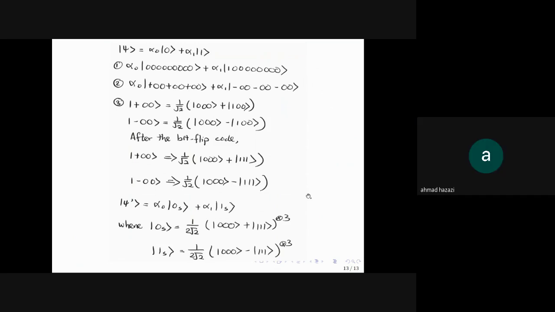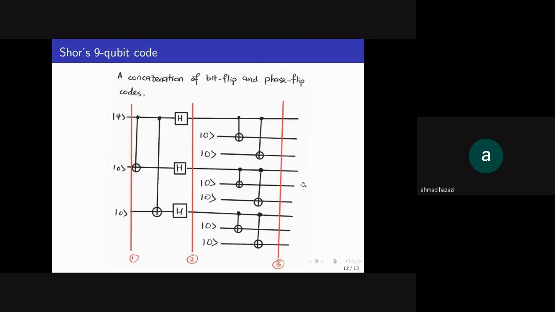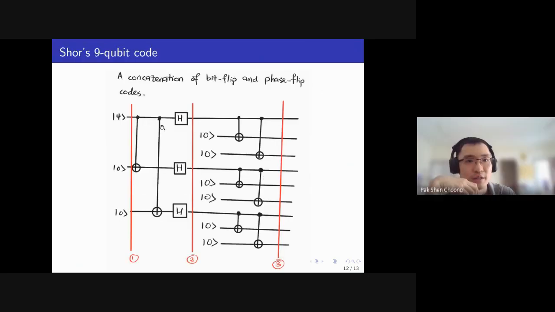Sorry, there are a lot of new terms. Just curious, in the pictures now, what is the meaning of the red line? The red line, I just want to show what your quantum state is at this point, and at this point.